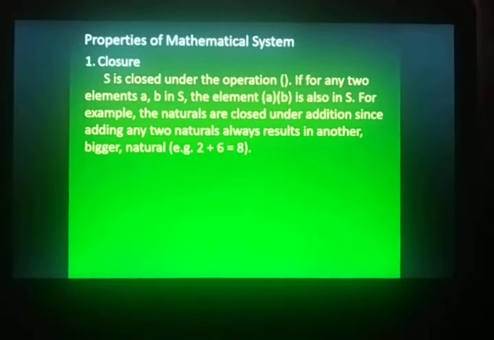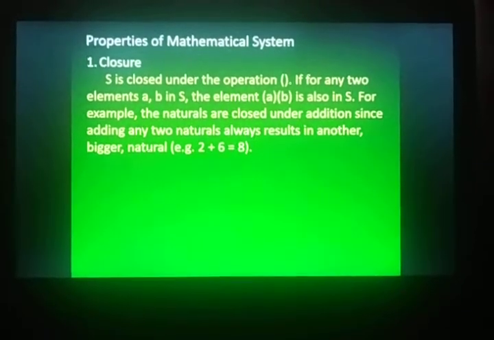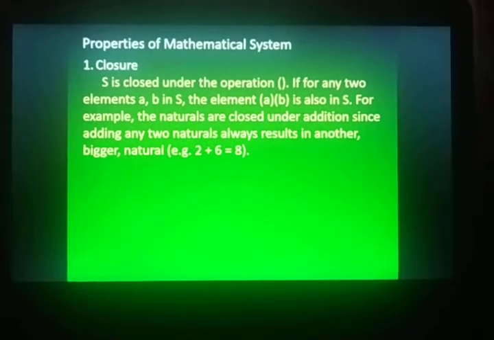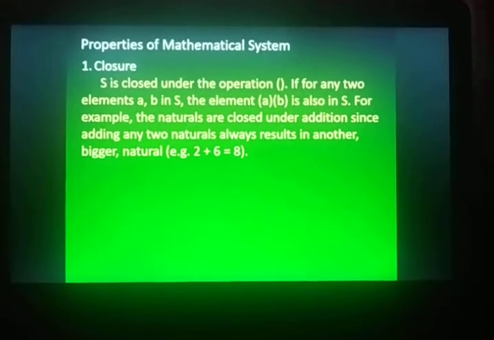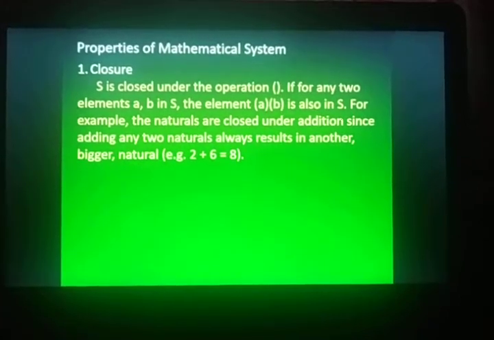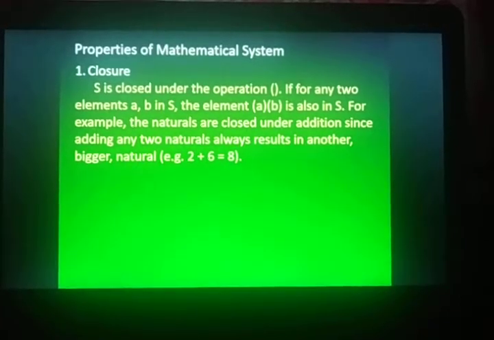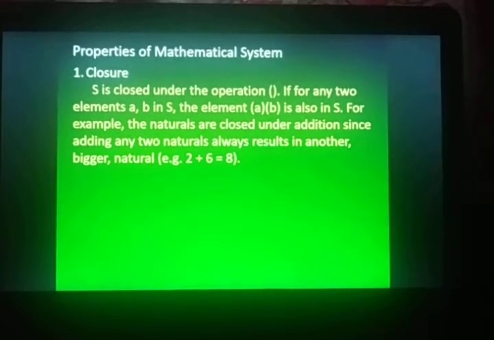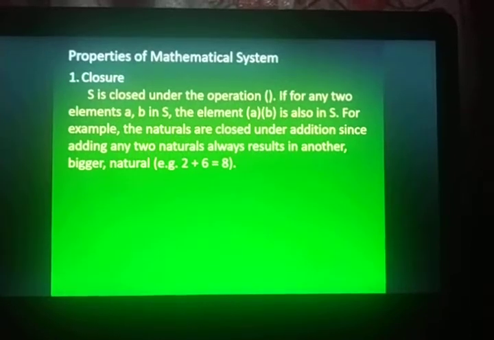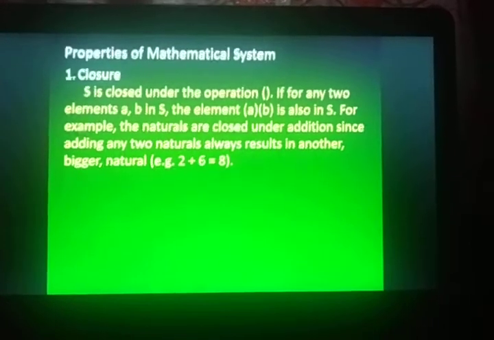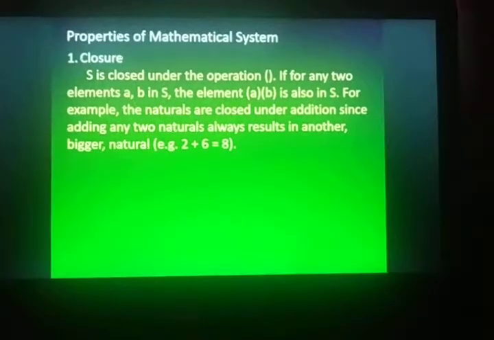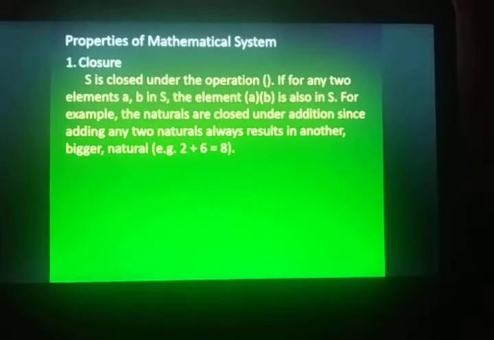S is closed under the operation of multiplication, represented by a dot, if for any two elements A, B in S, the element A times B is also in S. For example, the naturals are closed under addition since adding any two naturals always results in another natural. Example, if you add numbers, then the answer will also be a number.